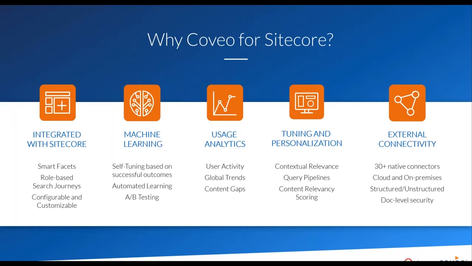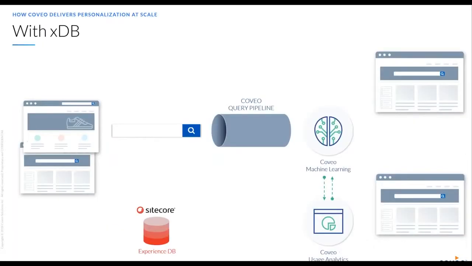So in terms of how Coveo delivers that personalization, there are 2 ways that we can provide that with Sitecore. Obviously, one of them is with the XDB personas. So we've got 2 users here where you can see that this particular individual is clicking on a number of pages and a number of content items on the site. We're going through that click journey.